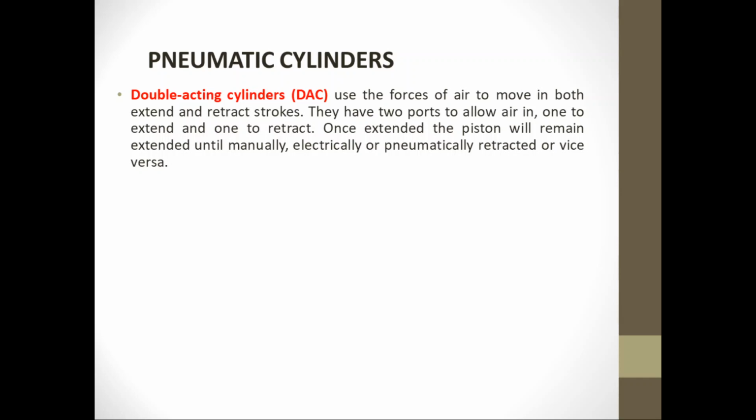In the same way as the single acting cylinder, the double acting cylinder uses air for the cylinder to extend. However, the difference between the double acting cylinder and the single acting cylinder is that the single acting cylinder retracts by means of the spring.